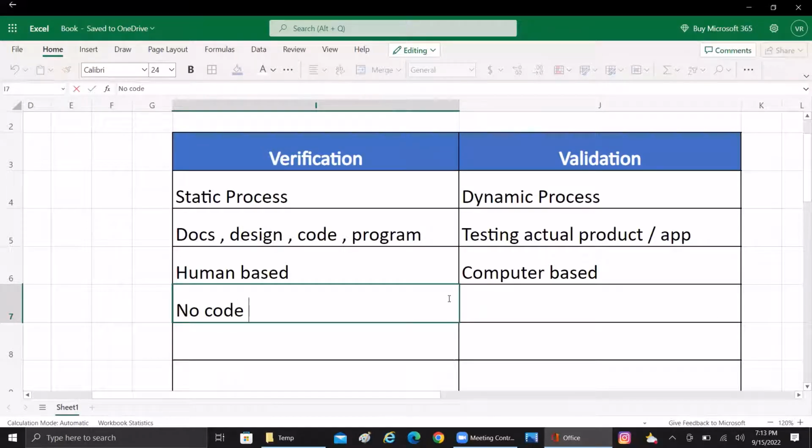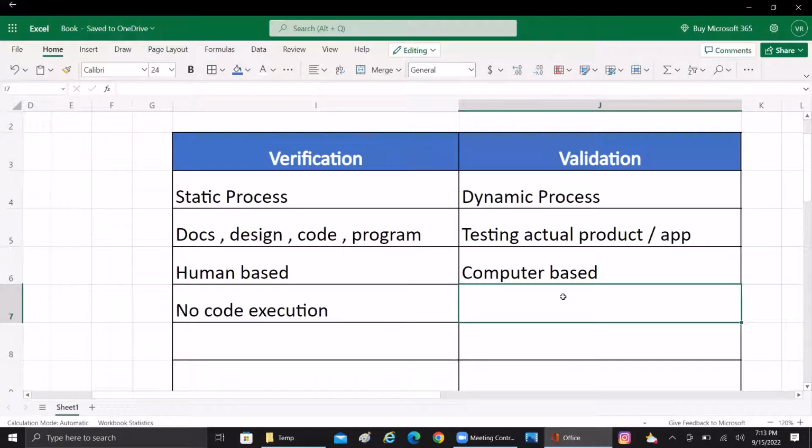No code execution. And validation is where the actual execution happens, so test execution is done.